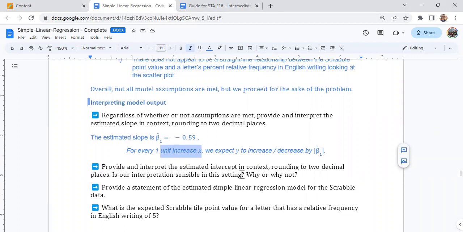Yeah, for every 1% increase in a letter's relative frequency.